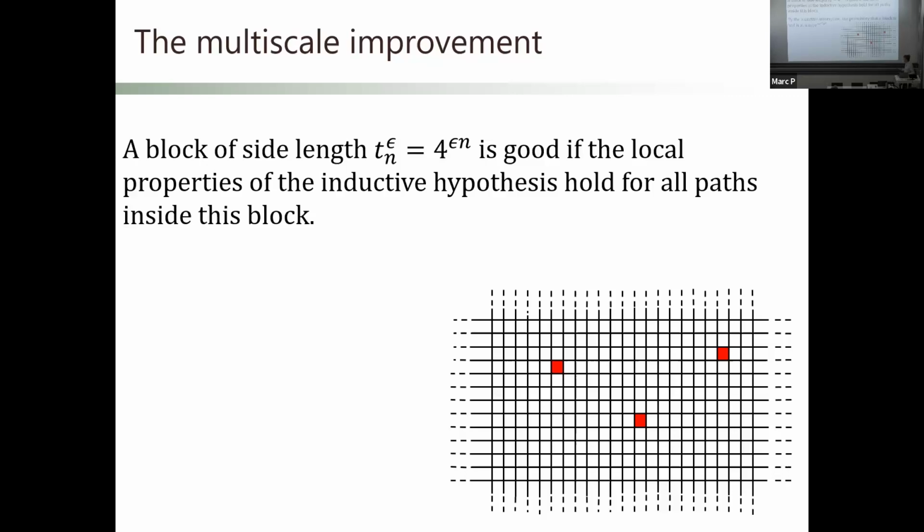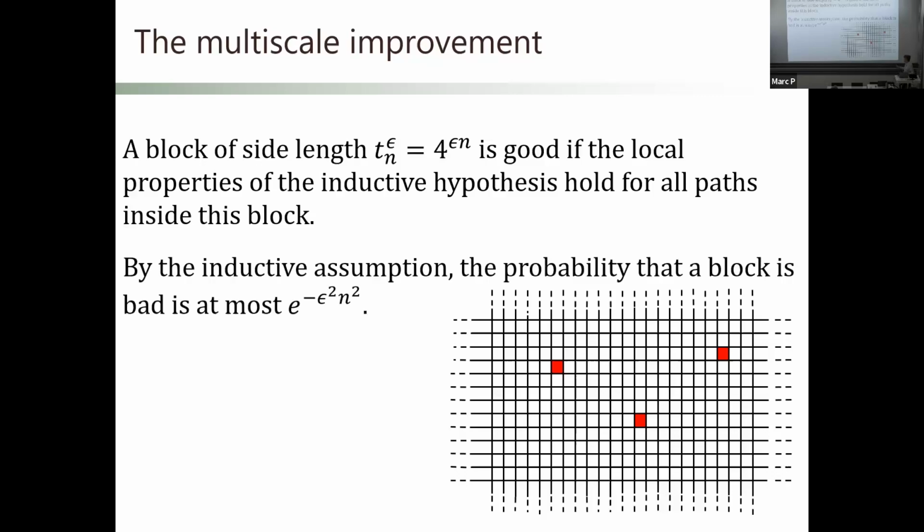So the probability of a single one of these blocks failing the inductive hypotheses is about e to the minus epsilon squared n squared. So it's still very small. It's still unlikely to see any bad blocks in a reasonable neighborhood that we might visit up to time T_{n+1}. But the probability is much too big for our inductive hypotheses.